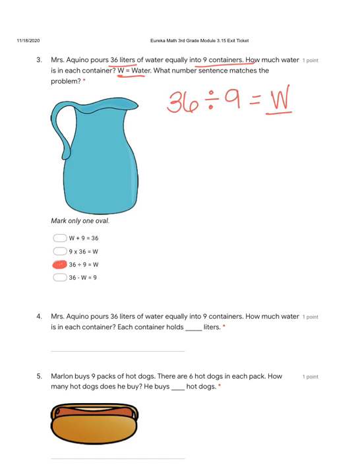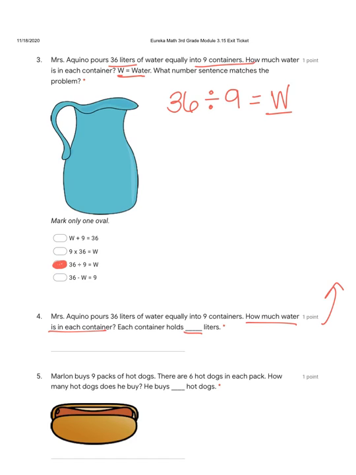Number 4, Miss Anquino pours 36 liters of water equally into 9 containers. How much water is in each container? Each container holds blank liters. So now in this question, they're asking us to solve the problem. So 36 divided by 9 equals W. And I'm going to solve it above.